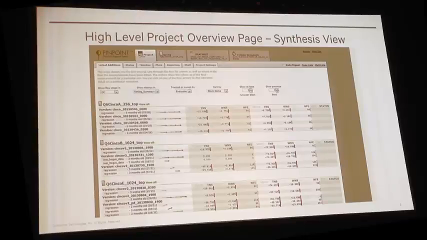So this is a high-level project overview page, which shows the synthesis view. In our case, we develop different DSP cores, so we show the different DSP cores on this. If you were a chip level team, this would represent one chip, and then you could show the individual pieces of that chip.